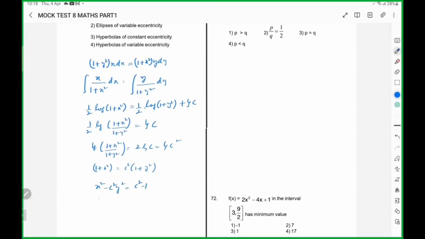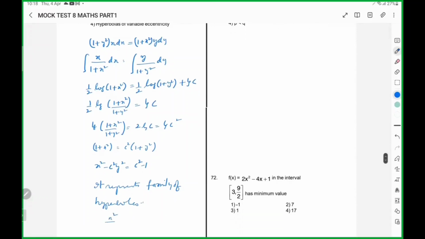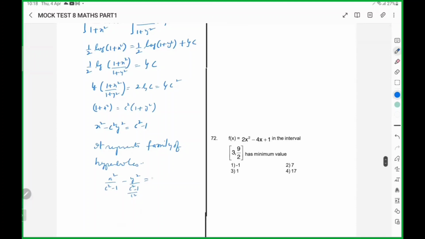So it represents a family of hyperbolas. As c changes, eccentricity changes. Or let us check: x square by c square minus 1, minus y square by c square minus 1, which is 1.